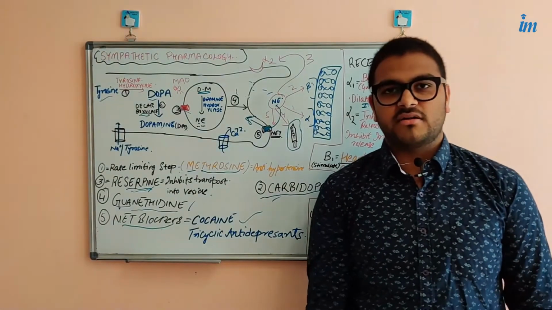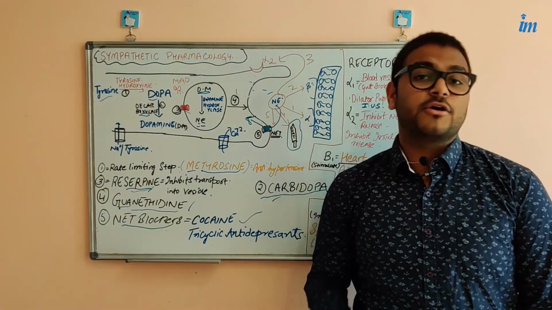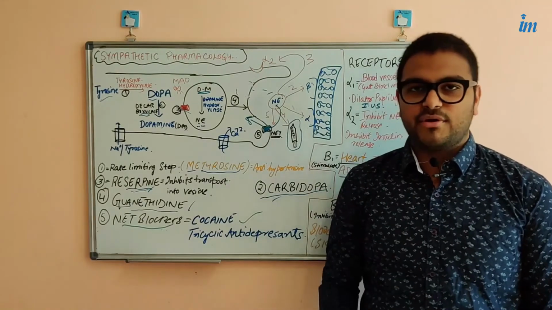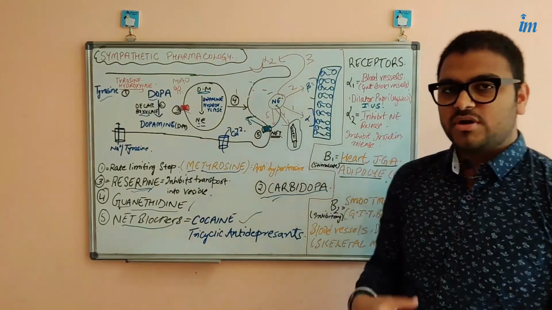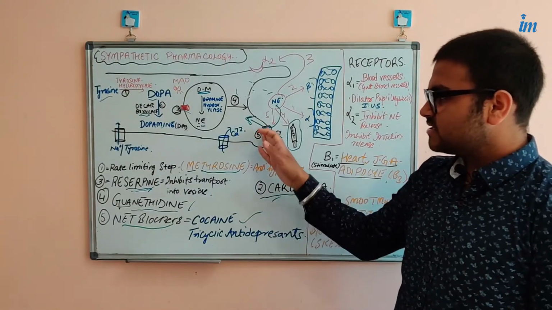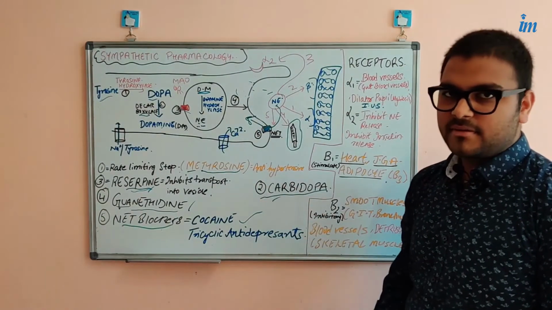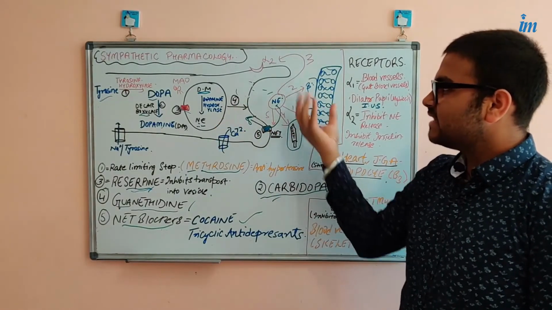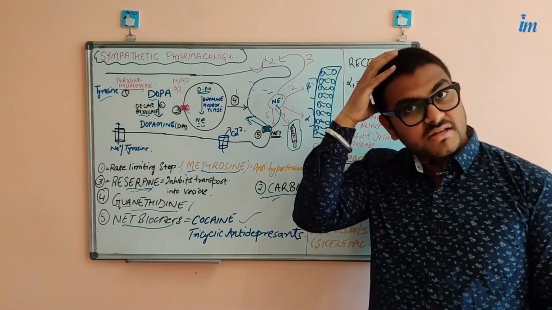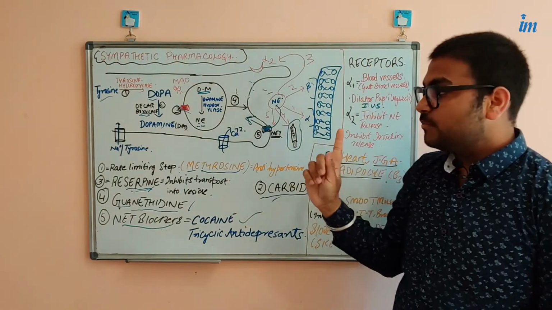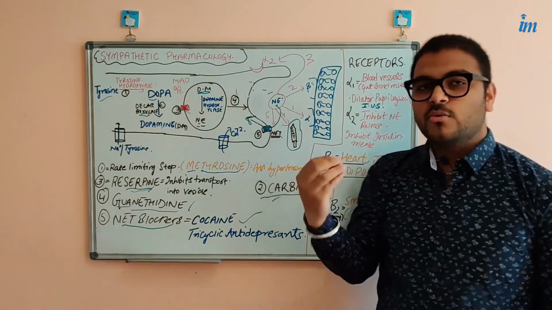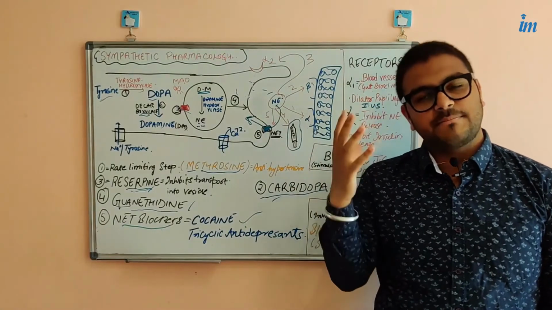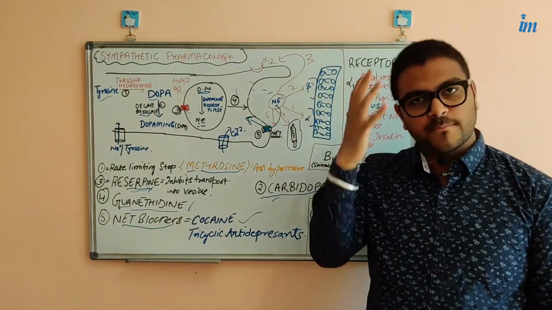If you are in the habit of sniffing cocaine, what does cocaine do? Cocaine inhibits this transporter. So the norepinephrine will not go back into the neuron and will stay in the cleft. In your central nervous system, blocking of this transporter will increase the level of norepinephrine within your brain.